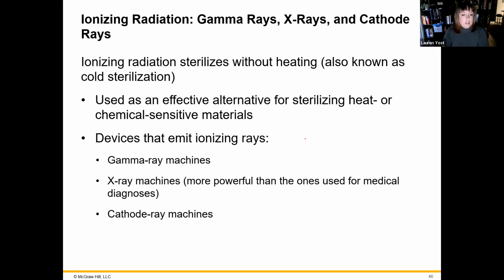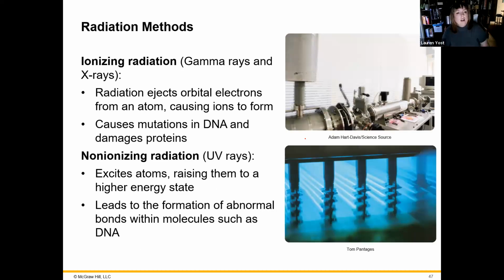So devices that can emit ionizing rays: we have gamma ray machines, we have X-ray machines, and we have cathode ray machines. Ionizing radiation is radiation that ejects orbital electrons, so electrons in the outer orbitals, from the actual atoms, making part of whatever element you're using radioactive, and then that'll cause ions to form.